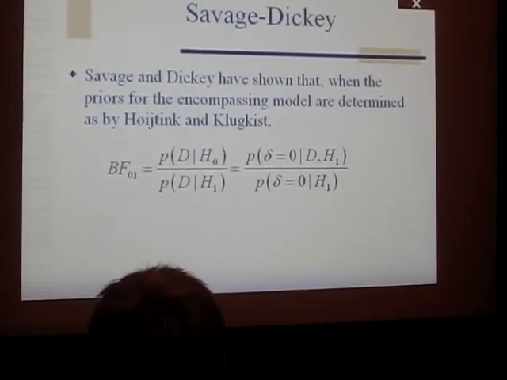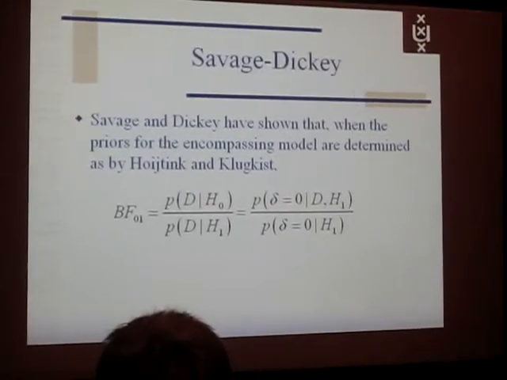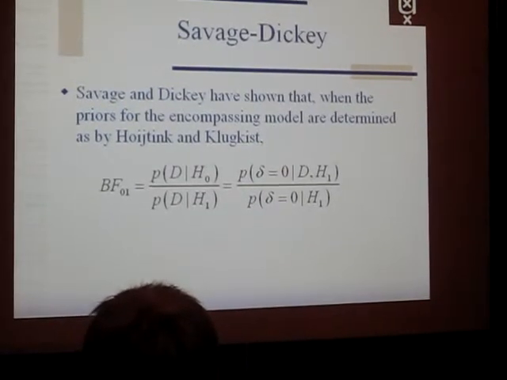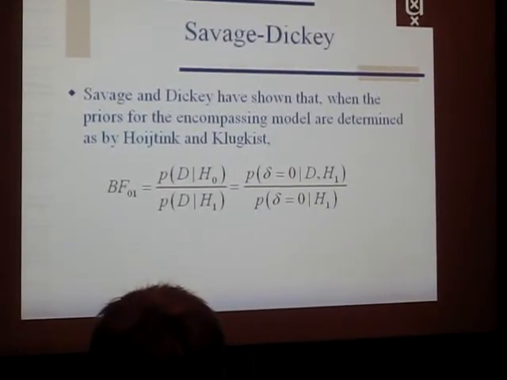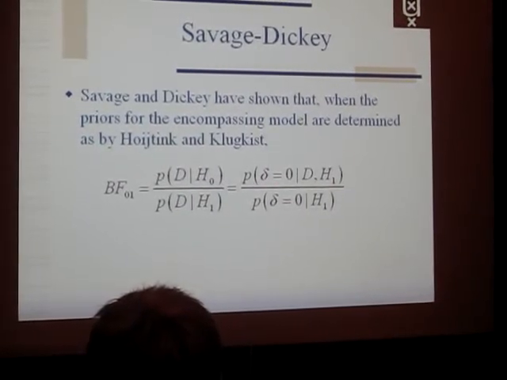So delta, that's the difference between mu1 and mu2. So this is an exact equality constraint. And what this says is you look at the height of the posterior, and you divide it by the height of the prior at the point that you want to test.